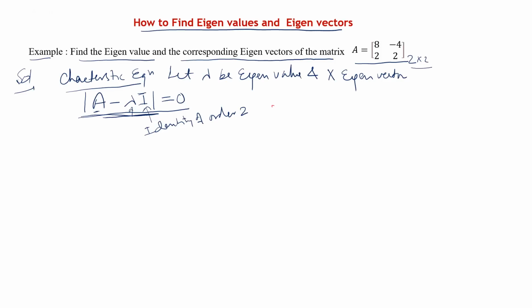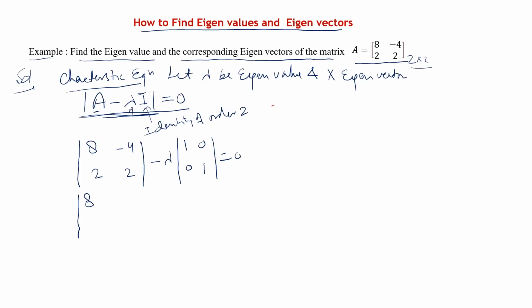You write the determinant of matrix A, then lambda, and then the identity matrix 1 0 0 1. This is of order 2 cross 2. Now you can write that determinant in that form, 8 minus lambda, 4 minus lambda, and this will become what?